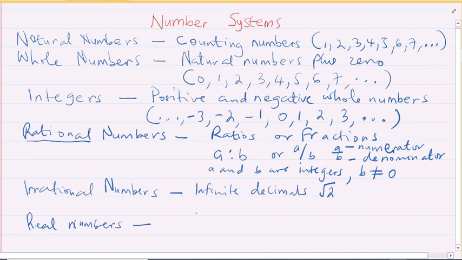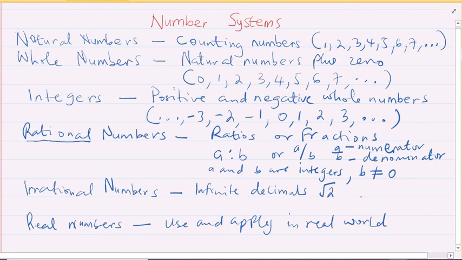Any number you can use and apply in the real world to solve a real life problem is a real number. So all these previous ones I mentioned are all real numbers.